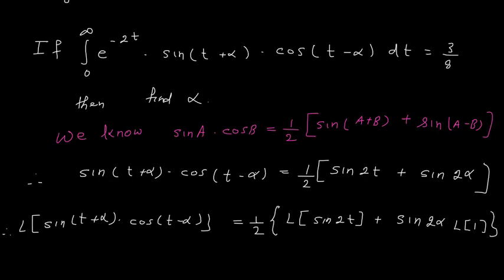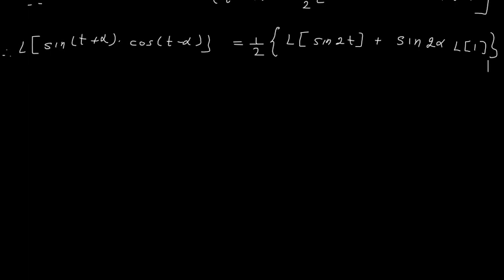Now we can apply the formula. Laplace of sin 2t is 2 upon s square plus 4, plus sin 2 alpha into Laplace of 1, which is 1 upon s.